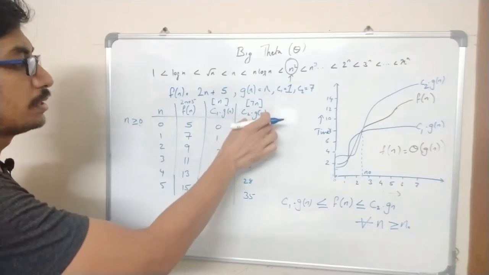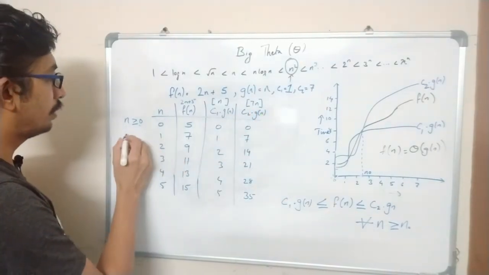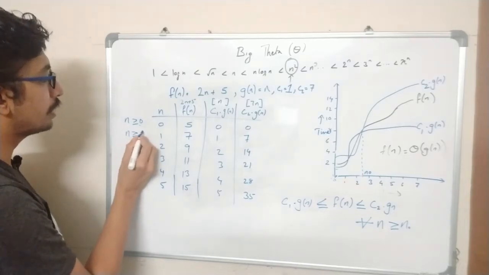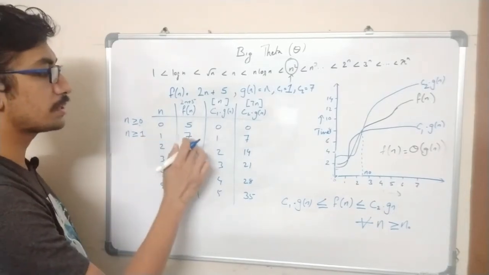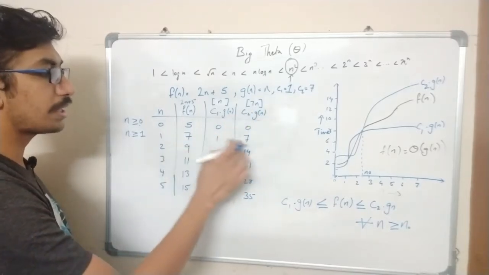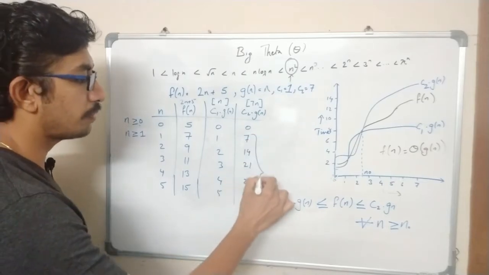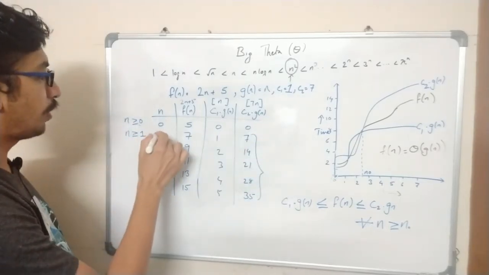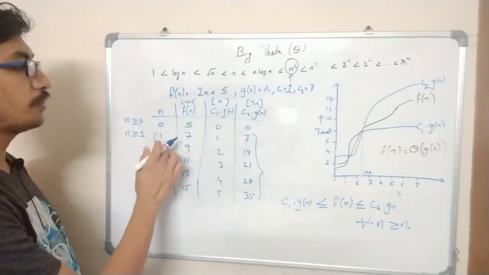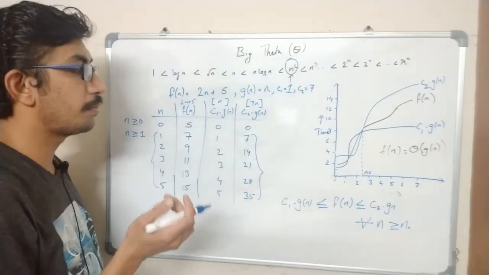And what about c2 into g of n? You can see that from n greater than or equal to 1 onwards, c2 into g of n is greater than or equal to f of n, which means from 1 onwards, c2 into g of n has a value greater than f of n, acting as an upper bound.